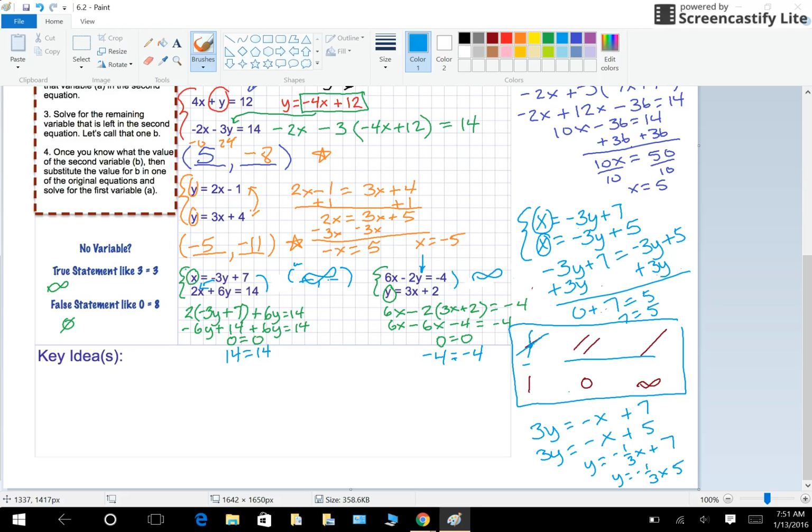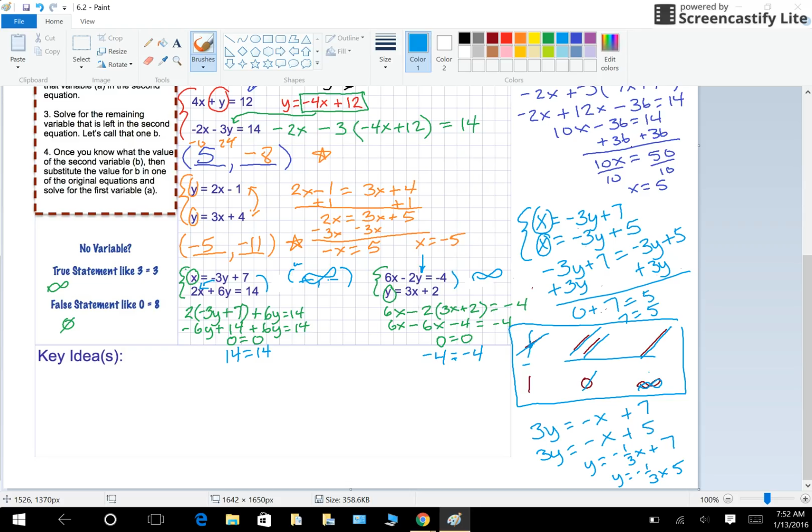If you lose your variables and then it doesn't make sense, you come up with a crazy solution like 7 equals 5 or 0 equals 8, you know that there is no solution. There's no solution, and that's because the lines are parallel. And then the third type of system of equations is when the line is the same. The two lines are the same line, and then that means that you have an infinite number of solutions.